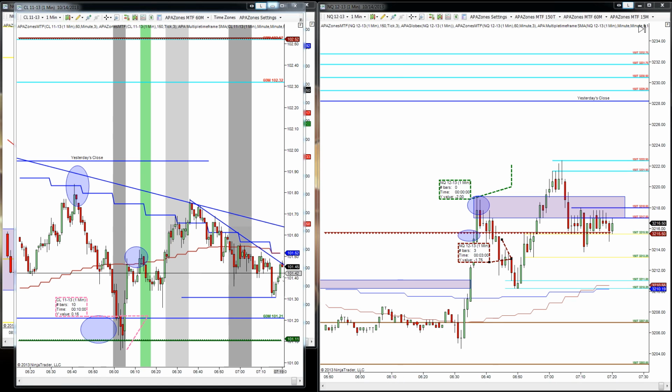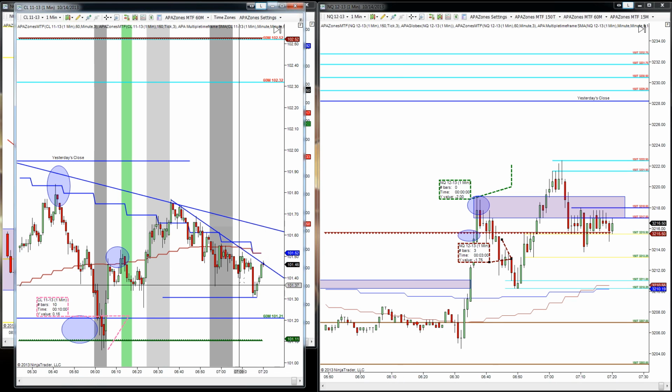Looks like here's the retest of that trend line on CL. And depending on how you look at this, this may be the third retest, so this may be the fourth retest of this trend line right now on CL.